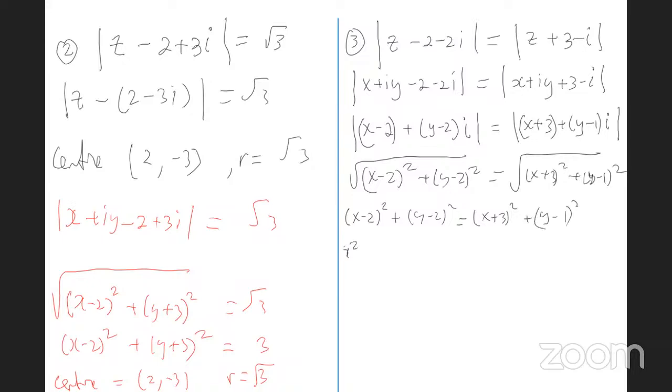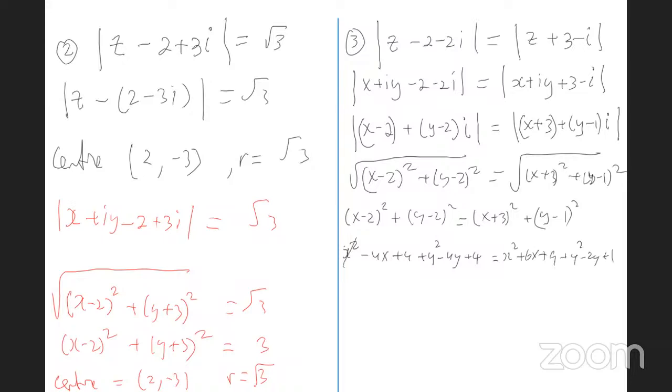So you'll get x squared minus 4x plus 4 plus y squared minus 4y plus 4 is equal to x squared plus 6x plus 9 plus y squared minus 2y plus 1.